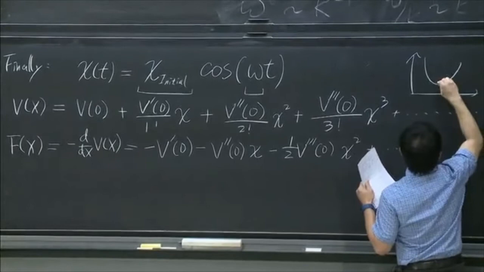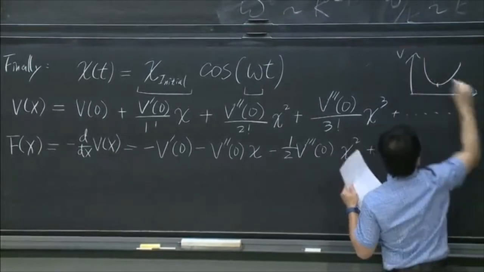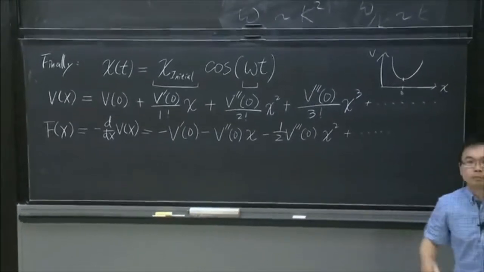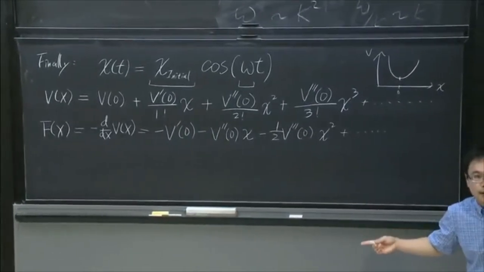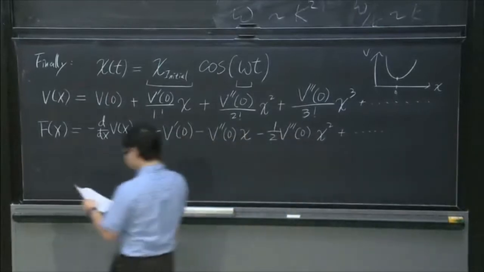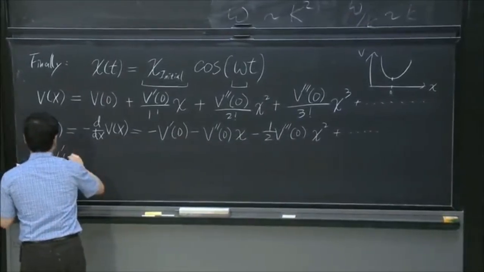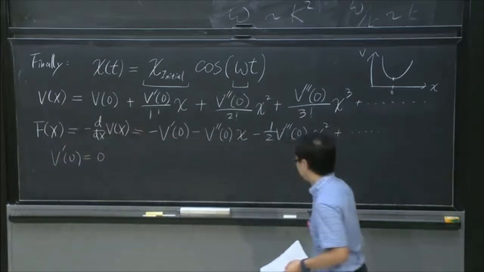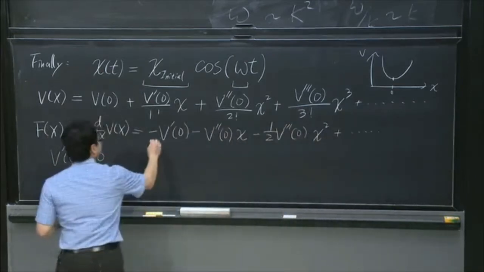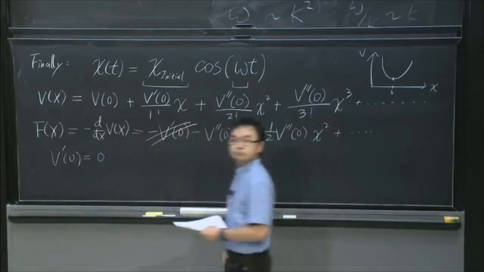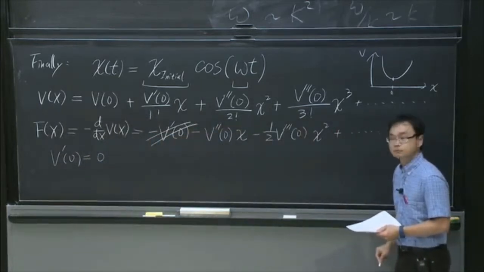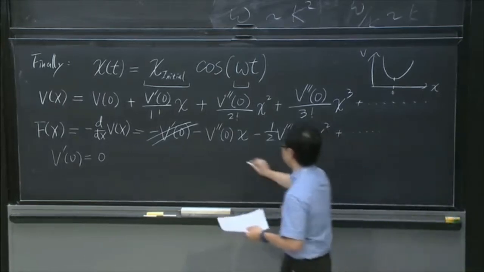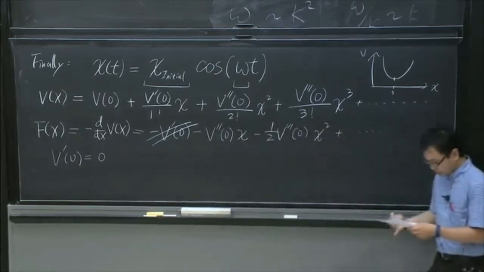V of 0 is the position of the minimum, right? Therefore, V prime of 0 will be equal to 0. Therefore, this term is gone. So what is left over are the remaining terms here.